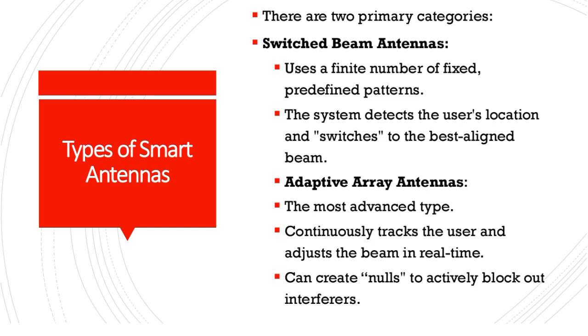We can achieve that seamless connection using this adaptive array antenna by tracking your information continuously. It can create nulls to actively block out interference. This type of adaptive array antenna nullifies the side lobe values, and by that, it blocks out the interference also. So these are the types of smart antennas. Thank you.